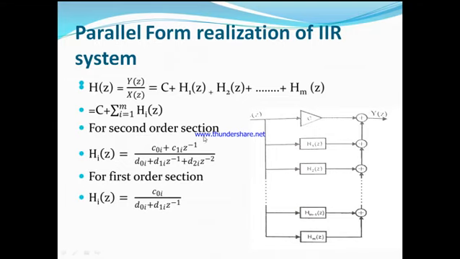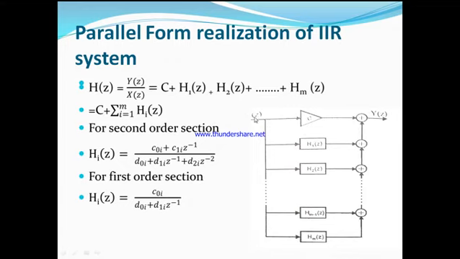For a second order section, we can write Hi of z equals c0i plus c1i z power minus 1 divided by d0i plus d1i z power minus 2. For a first order section, you will get Hi of z equals c0i divided by d0i plus d1i z power minus 1. So this is the parallel form realization of the IIR system.